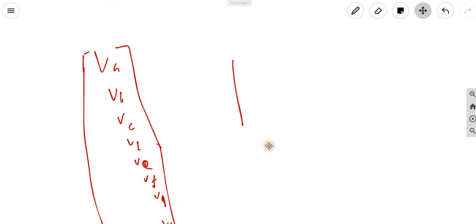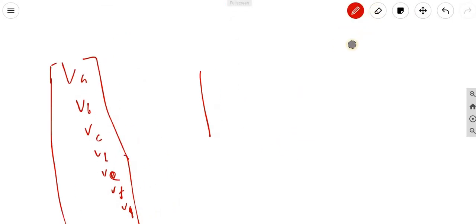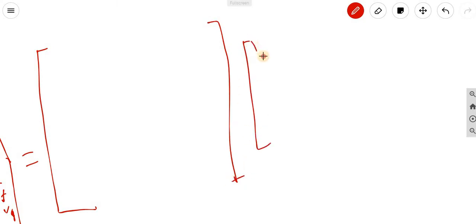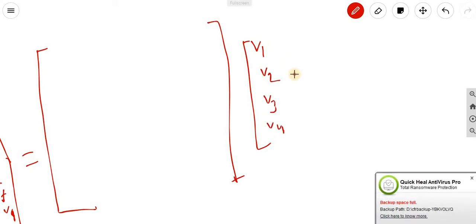Now what we can get, suppose you have to find the voltages in terms of V1, V2, V3, V4 bus voltages.